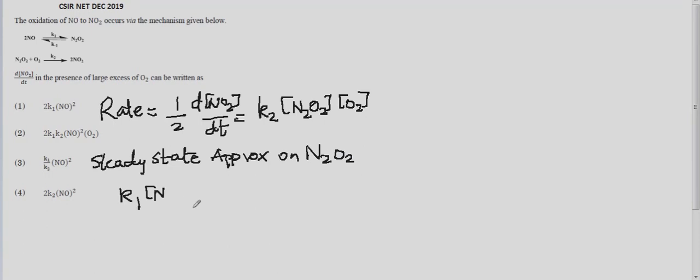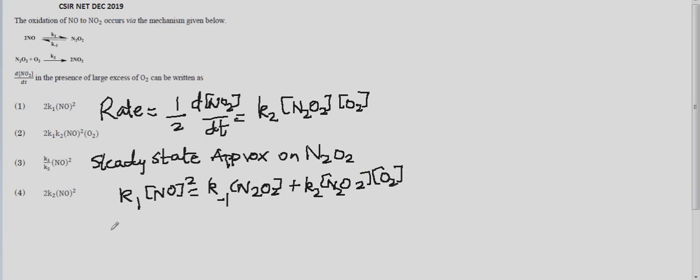From the equilibrium you can find that N2O2 is formed at k1 [NO]squared, and disintegrates in the reverse of step 1, that is k-1 [N2O2], plus k2 [N2O2] into [O2].